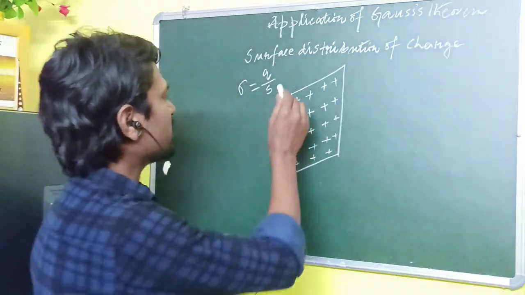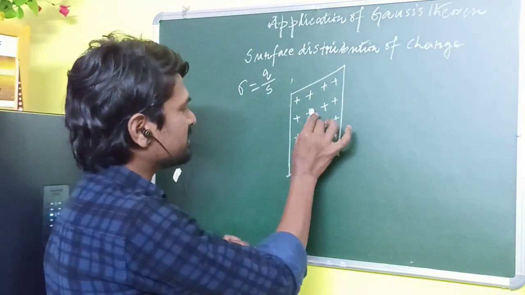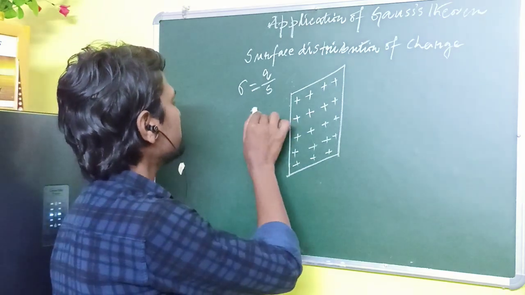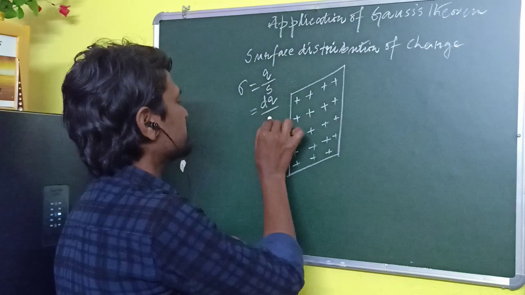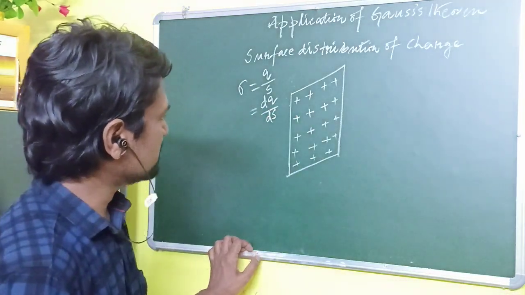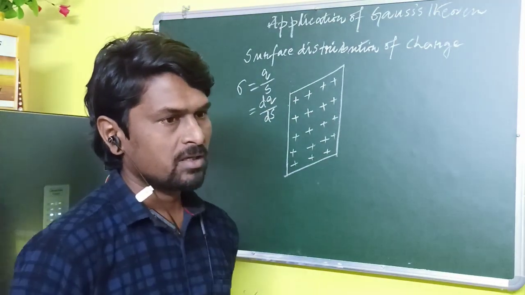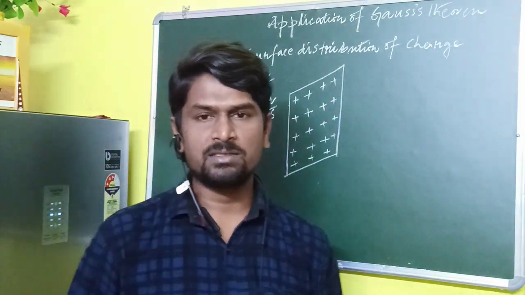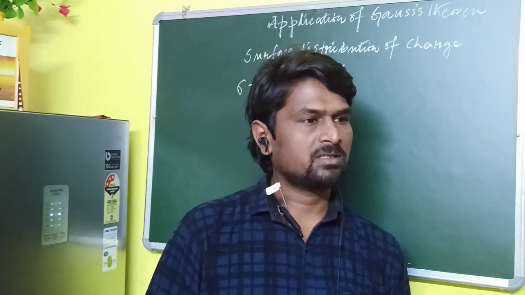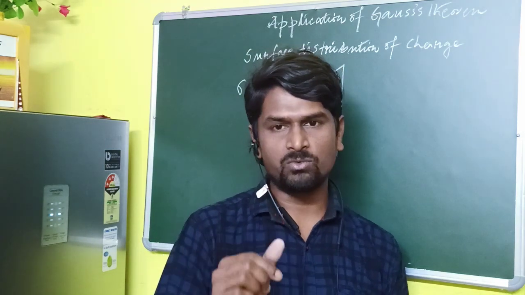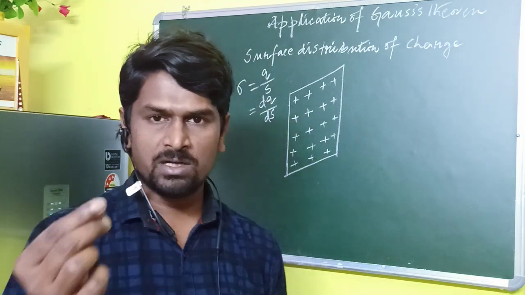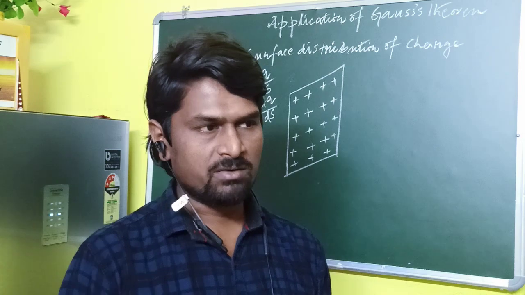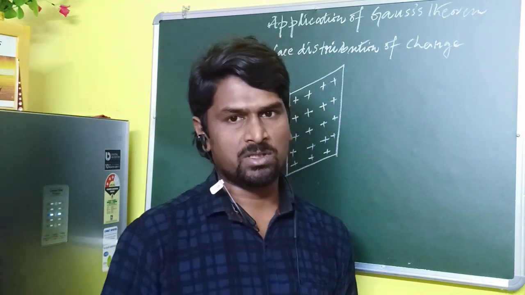If we take a small surface element, then we can write dq by ds, but the density remains the same. Such as if you sip a small amount from a cup of tea, you can feel the sweetness from all the sips.